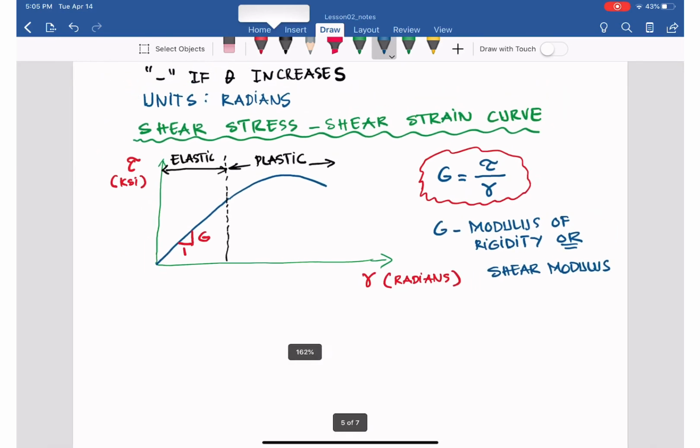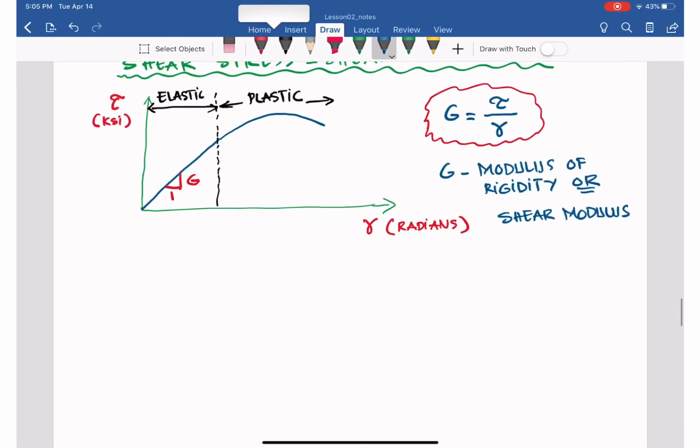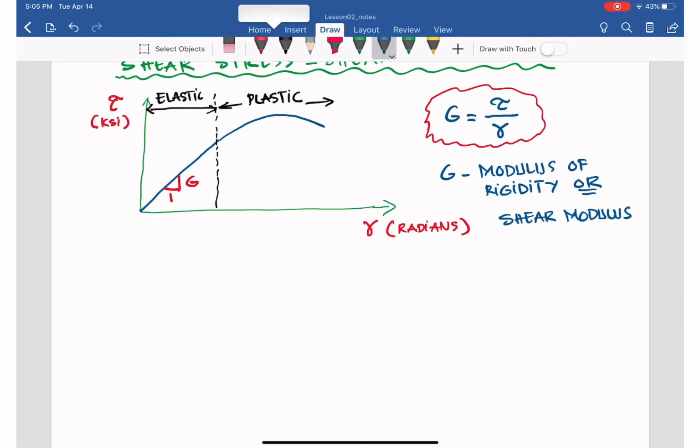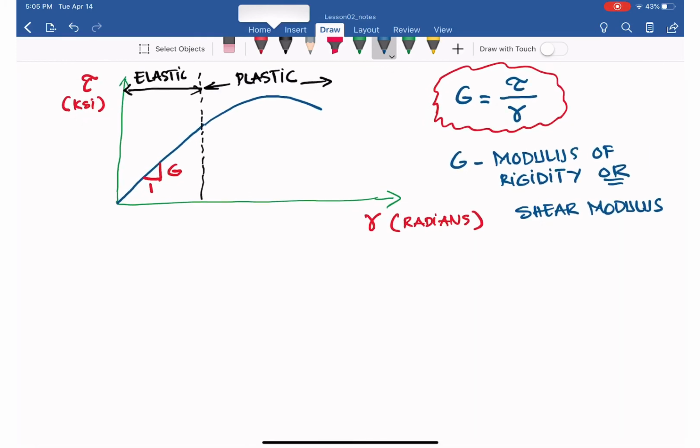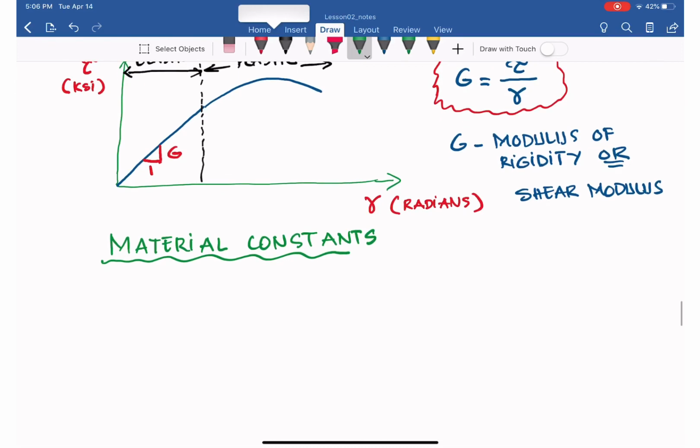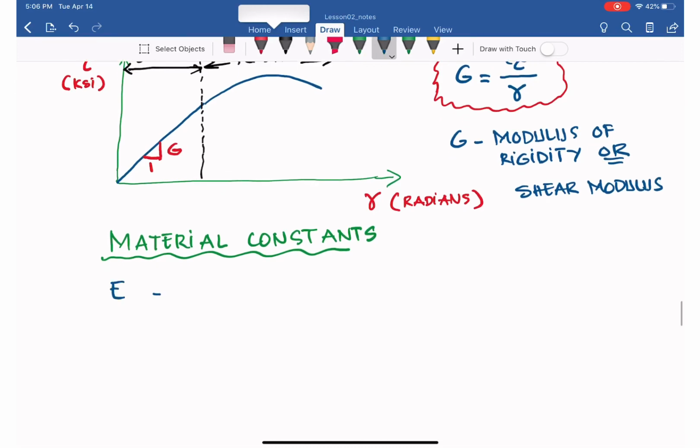So bottom line, we have a few material properties, material constants that I want to summarize before we conclude this lesson. So let's talk about some material properties that we introduced today. Material constants and their relationship. The first one, E, is the modulus of elasticity, or Young modulus of elasticity.